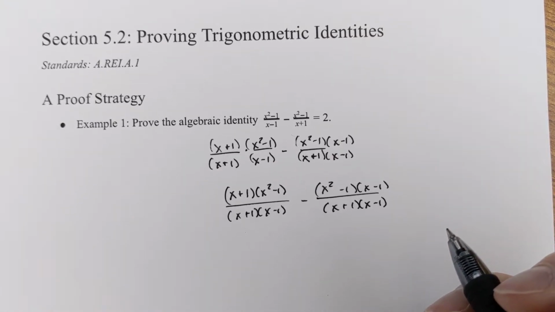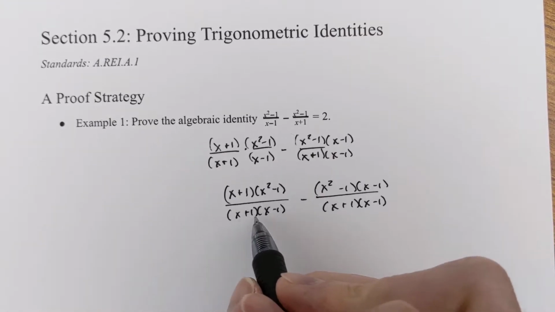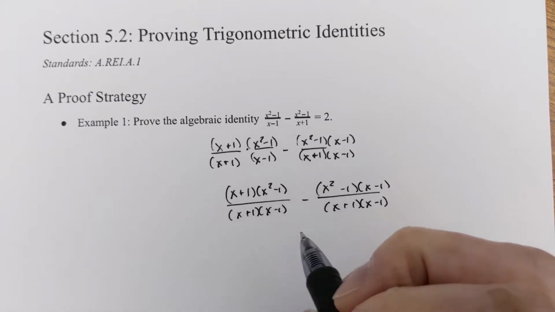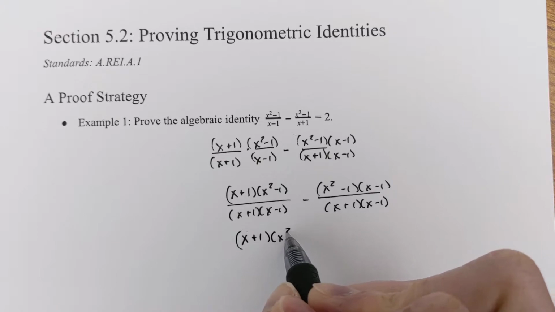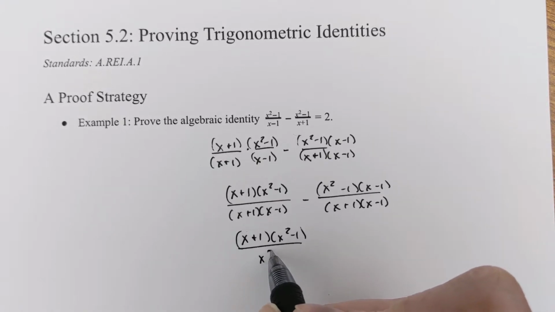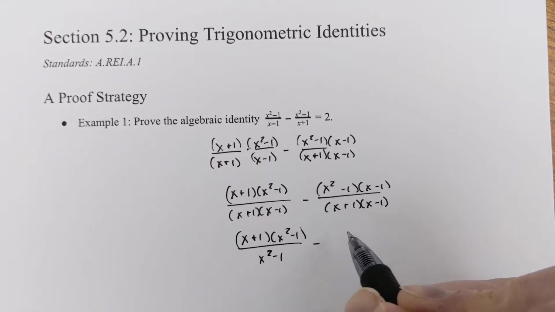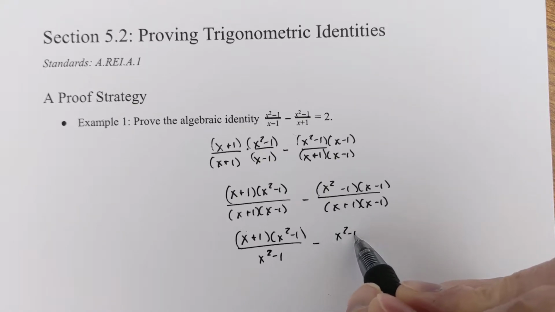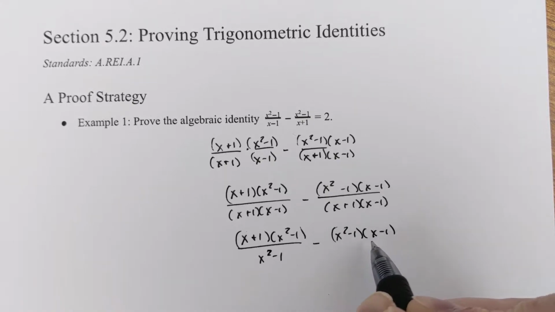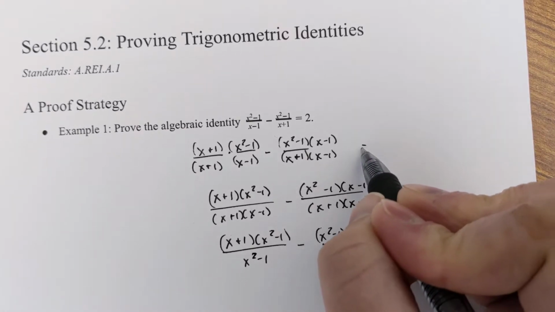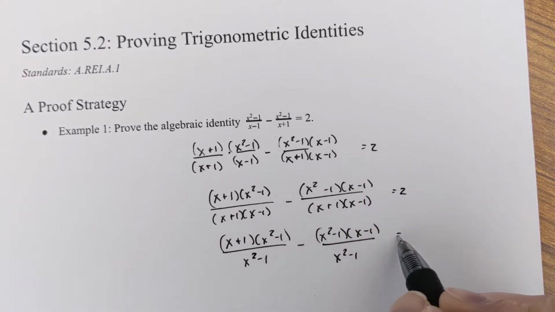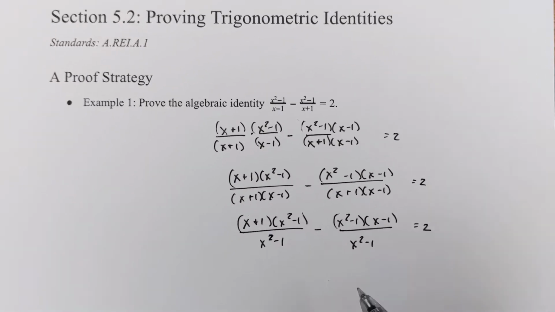Now, if you look on the bottom here, I'm actually going to FOIL these two together because they're a difference of squares. So in the denominator, I'm going to have x squared minus 1. Strictly speaking, there is still the equals 2 over here, because that's what we're proving.